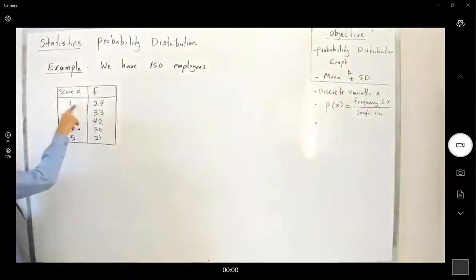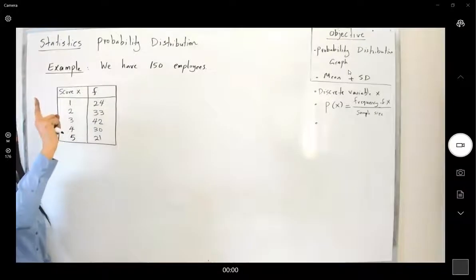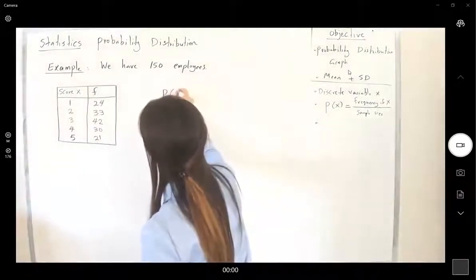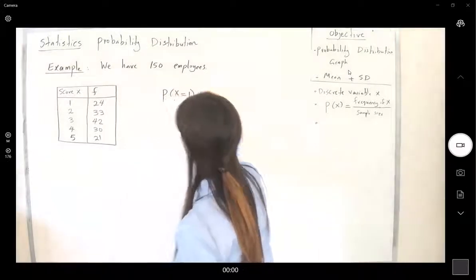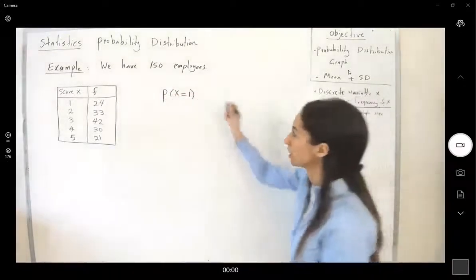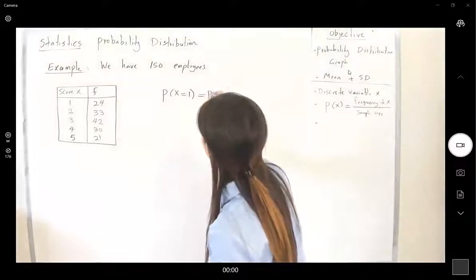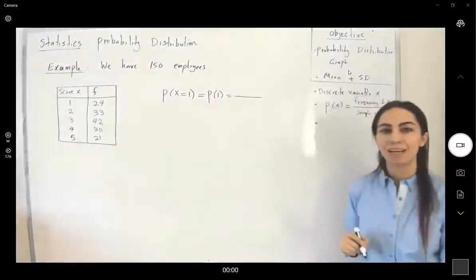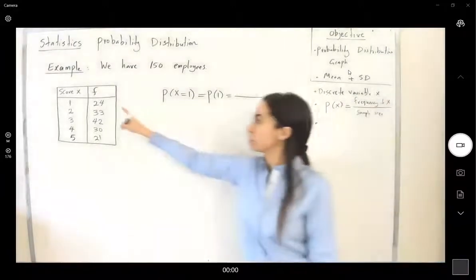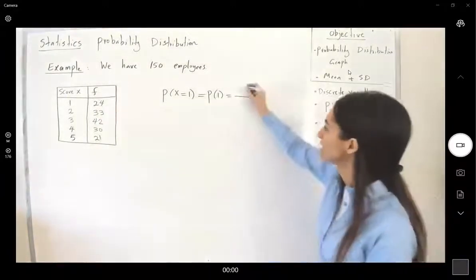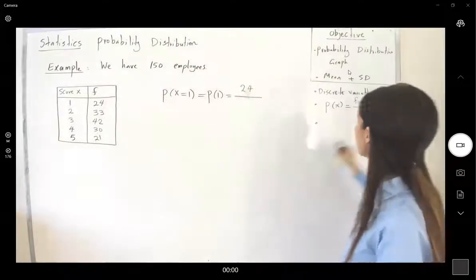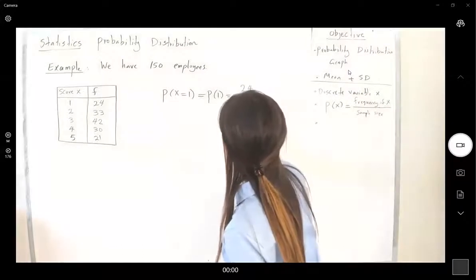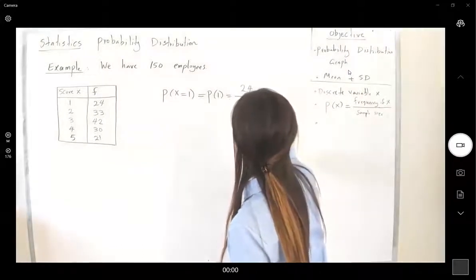We start with x equals 1. Score is 1. The probability of x equals 1, or to simplify that, you can just write P of 1, is equal to the frequency of score 1, which is 24, divided by the sample size. What is our sample size? 150.